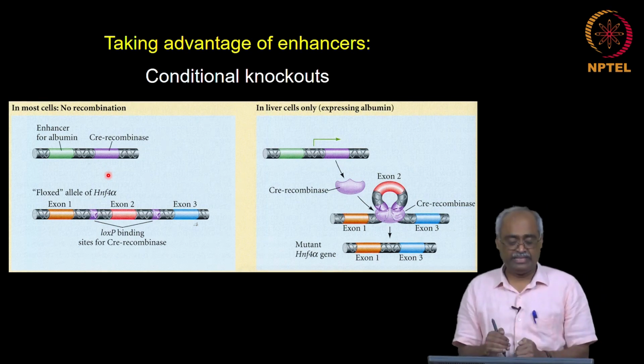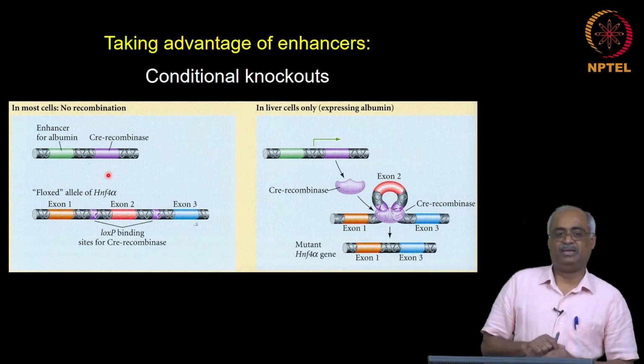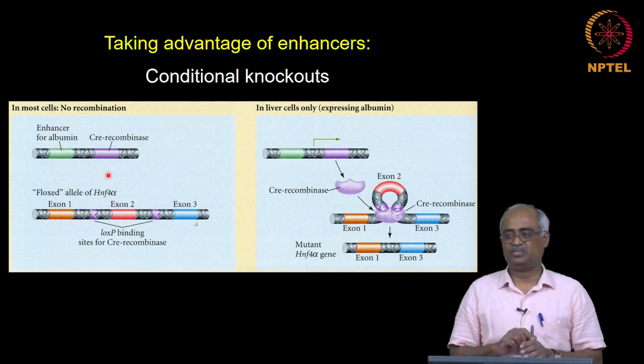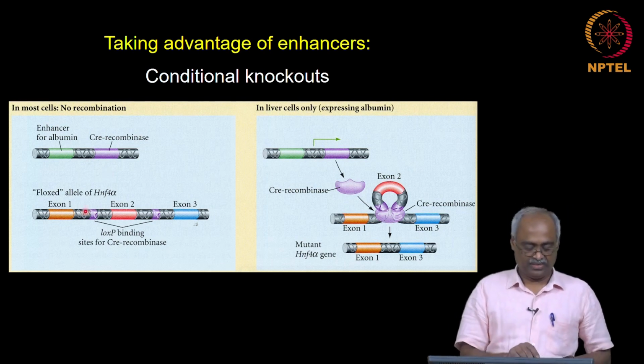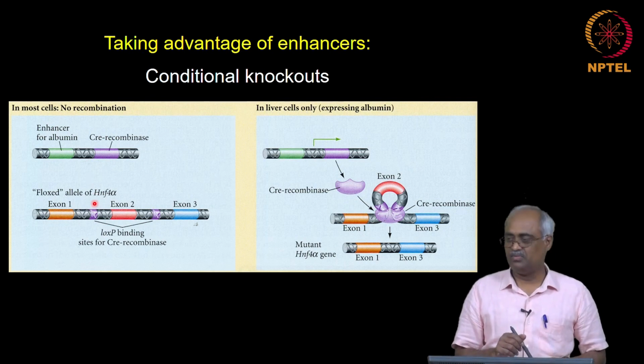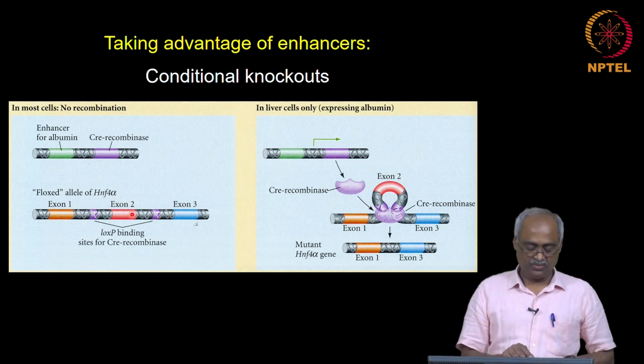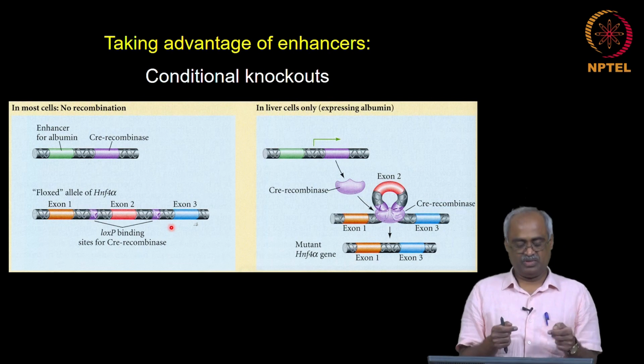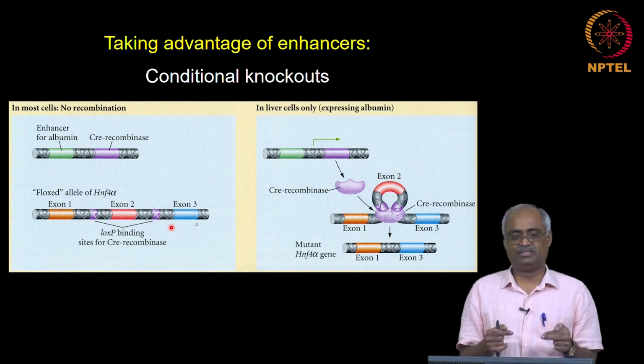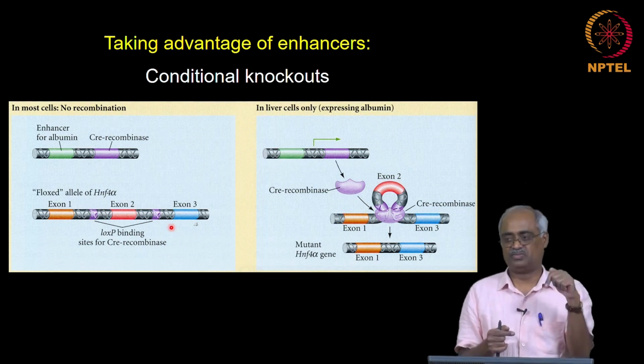Now, you have another mouse strain where your gene of interest, for example in this case the transcription factor HNF4 alpha, has its exon 2 flanked by the sequence recognized by the Cre recombinase. That is how the site specific recombination works.